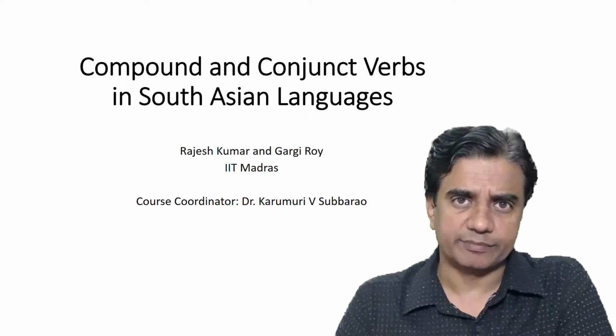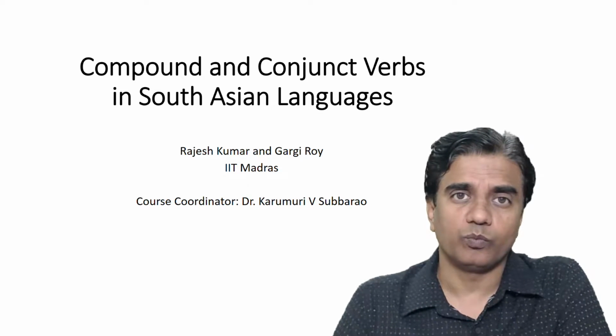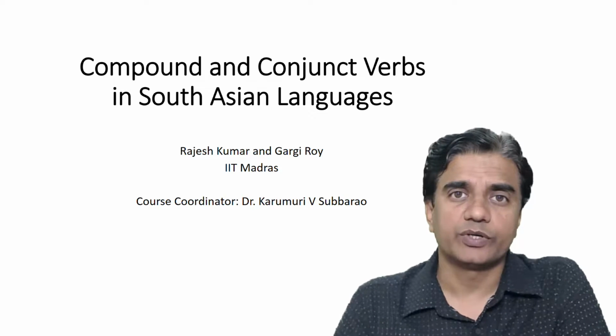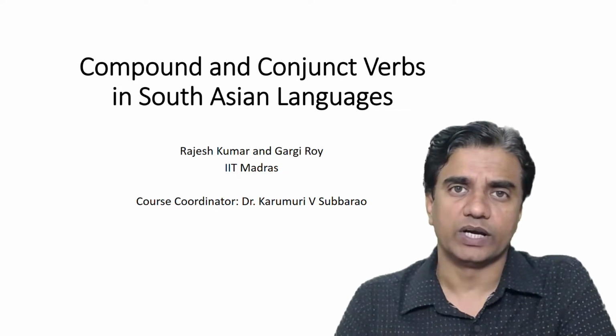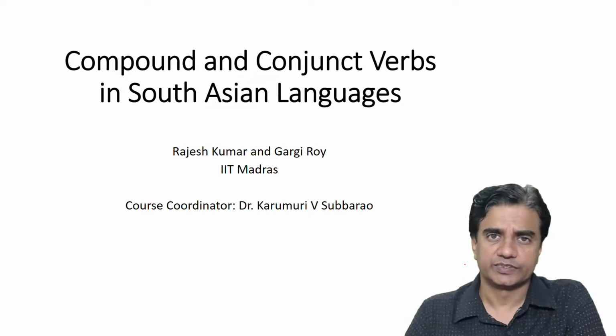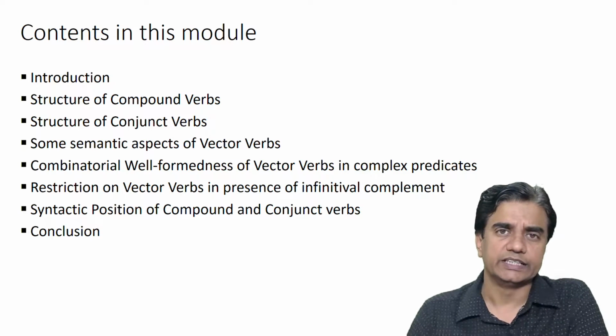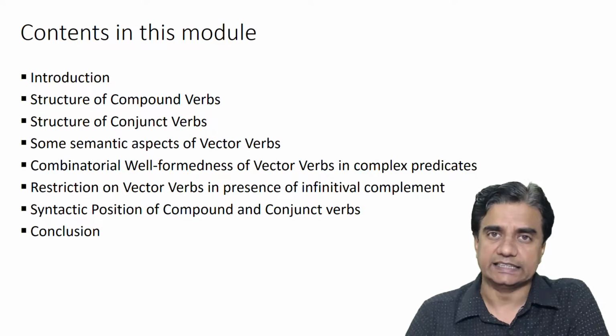As we discussed in the beginning, we are going to be talking about two types of verbs. One is compound verbs and the other is conjunct verbs. A lot of scholars have talked about these things in great detail.